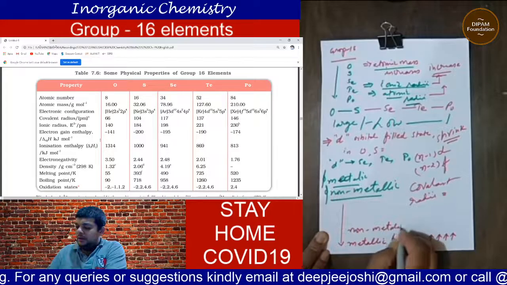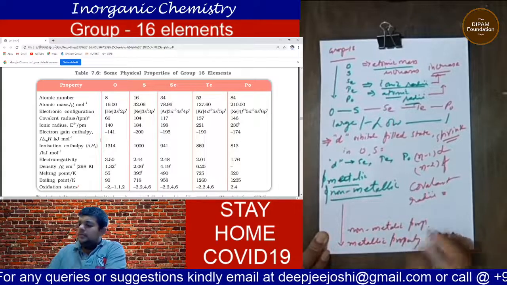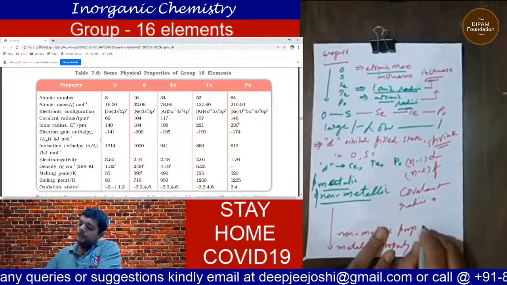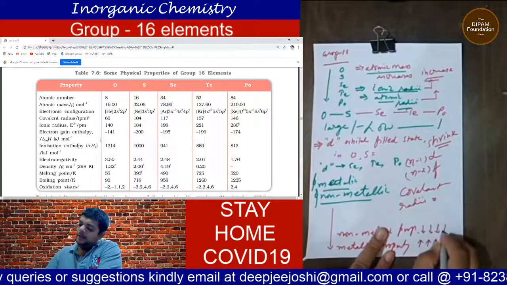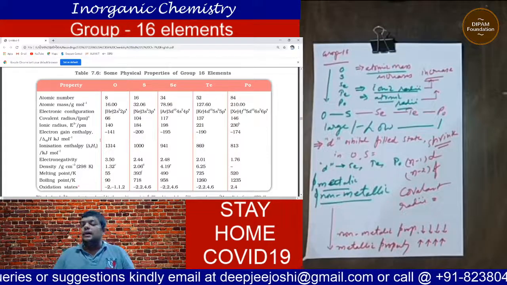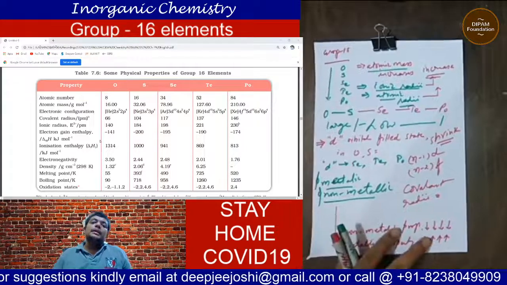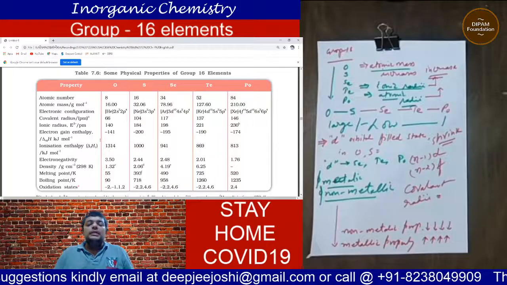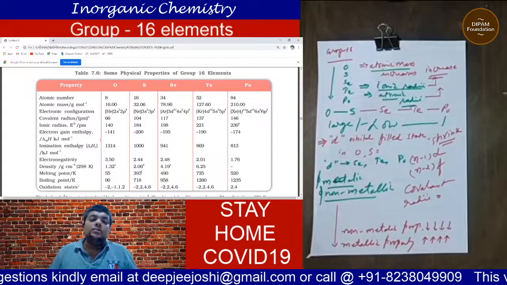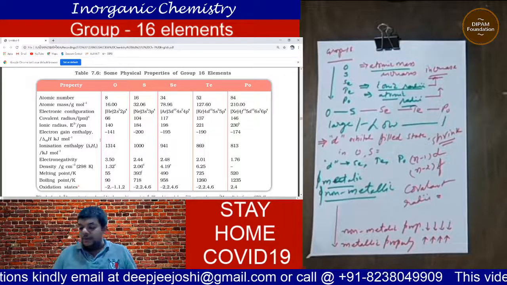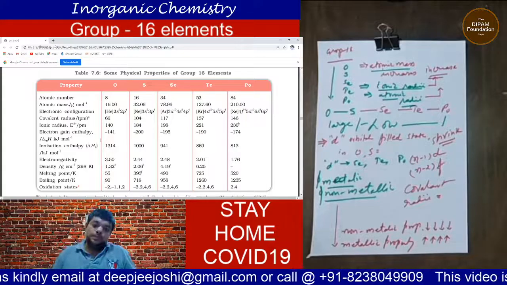So with the increment in metallic property, the non-metallic property is decreasing. So we can very well say that in group 16, with the increasing metallic property down the group, the non-metallic property decreases down the group.